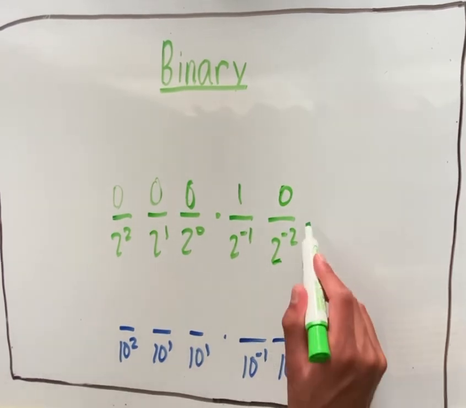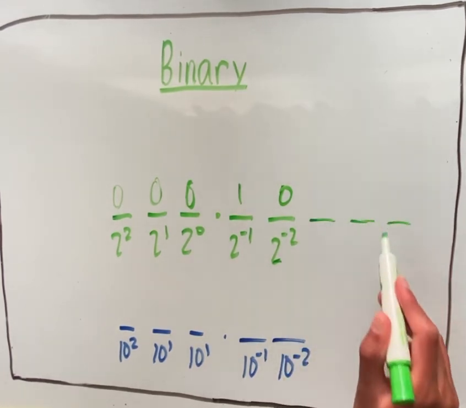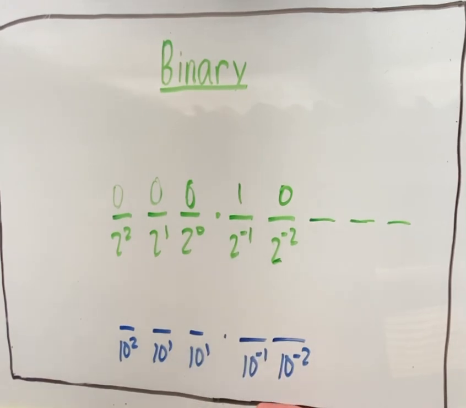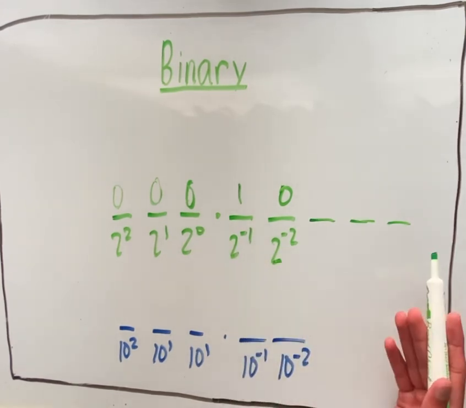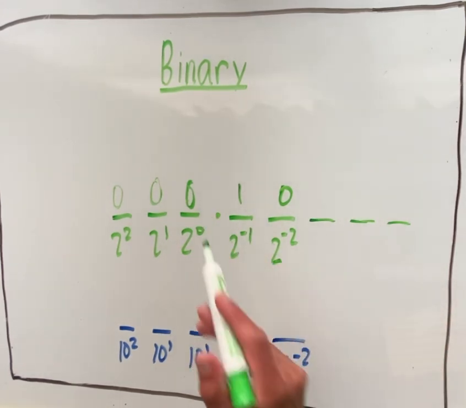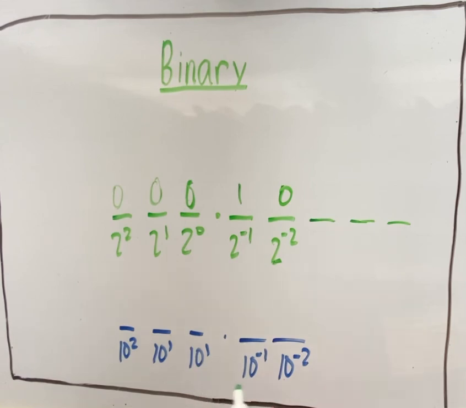And you can continue to use more and more places to get more and more precise. And you can represent any real number in binary as well, if you use infinite places after the point, just like you could with the typical base 10 number system.